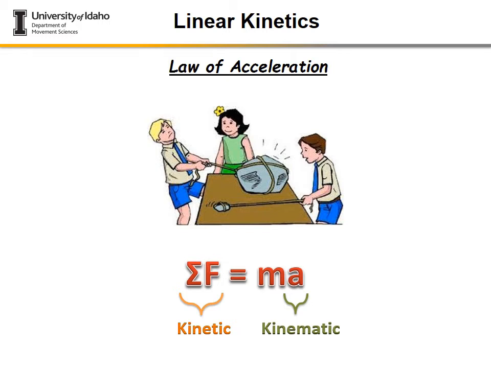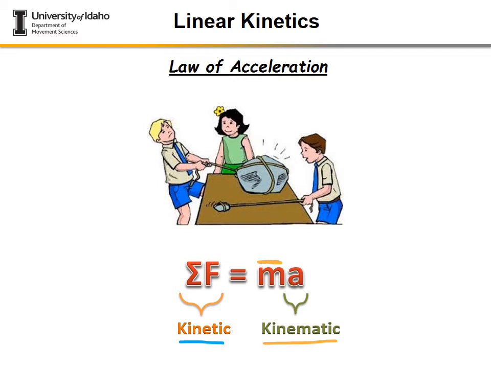So looking at that cause and outcome a little better, on the bottom here we have F equals ma. Again, here we have the cause, the kinetic component, and then we have the outcome, which is a kinematic component. Now, if we look at these two individuals, the mass of the objects is of course different.